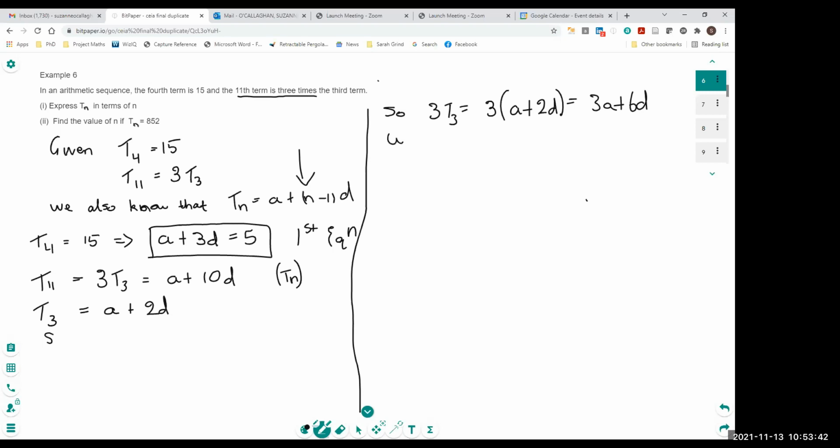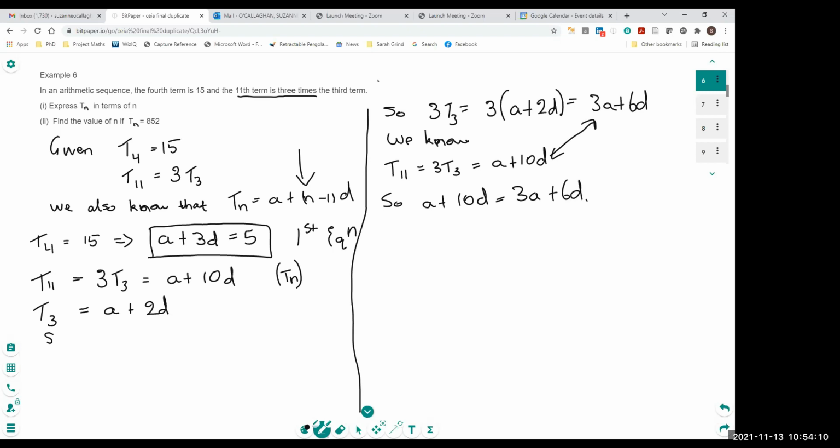But we know that t11 is equal to 3t3, and it's also equal to a plus 10d. So equate the two of them. A plus 10d is equal to 3a plus 6d.